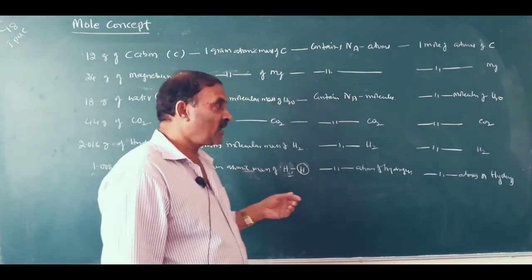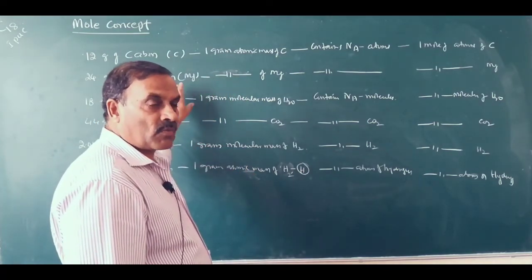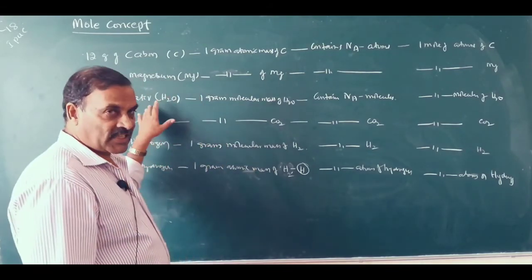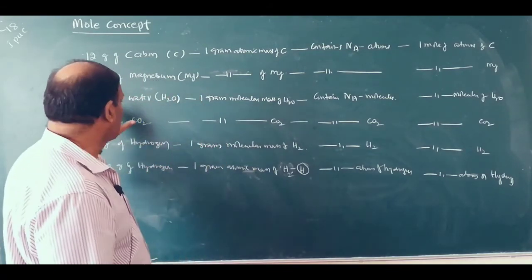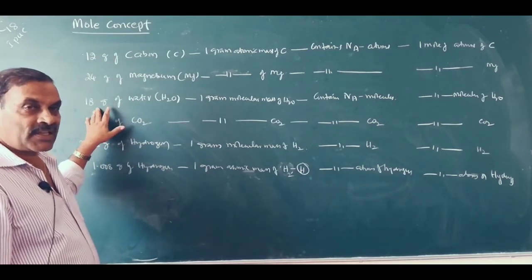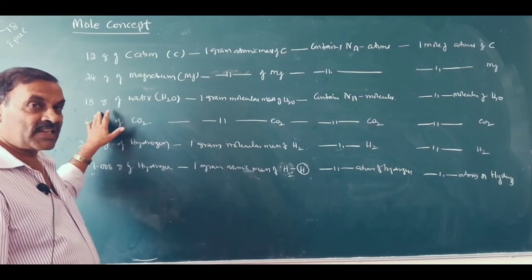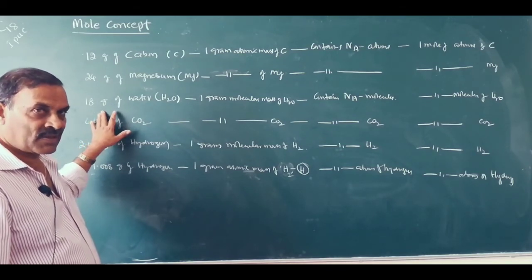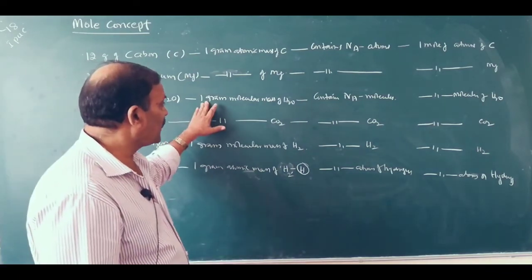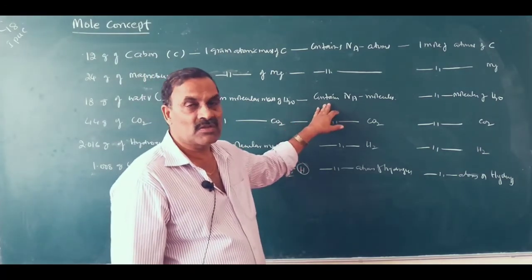For example, water. What is the molecular mass of water? 18. Molecular mass of water is 18 u. What is the gram molecular mass of water? It is 18 gram. 18 gram of water is called 1 gram molecular mass of water, and it contains how many molecules?